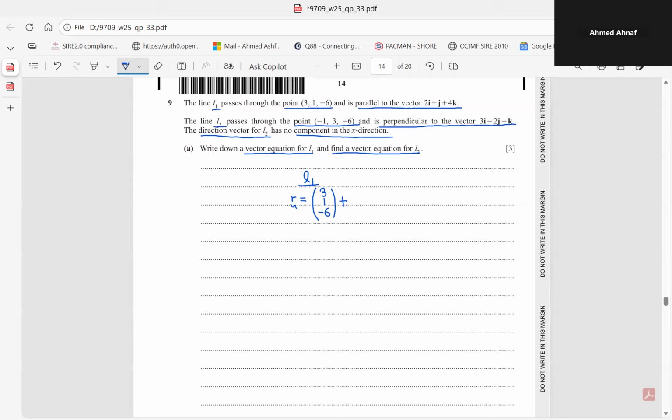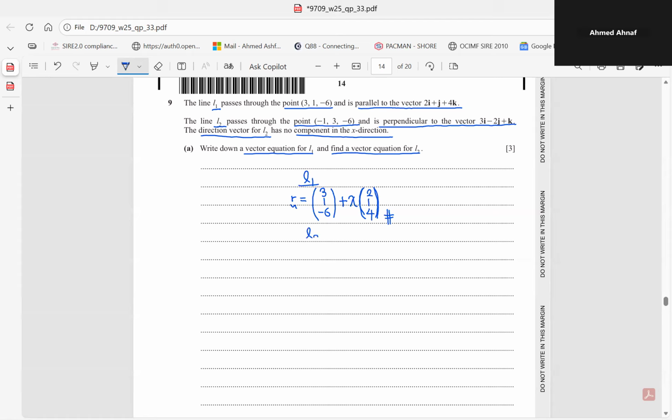A direction vector could be any vector that is parallel to the line. In this case, they already gave us such a vector, which is 2i plus j plus 4k, which is just 2, 1 and 4. So that's our direction vector. And in front of the direction vector, we put a scalar, so we can put lambda. So this would be our vector equation for L1.